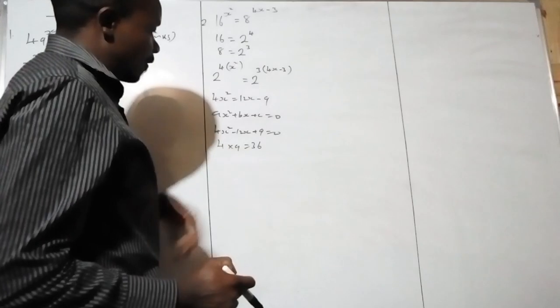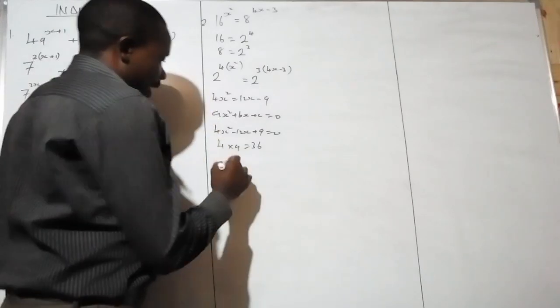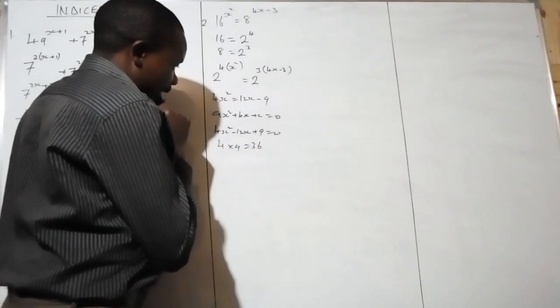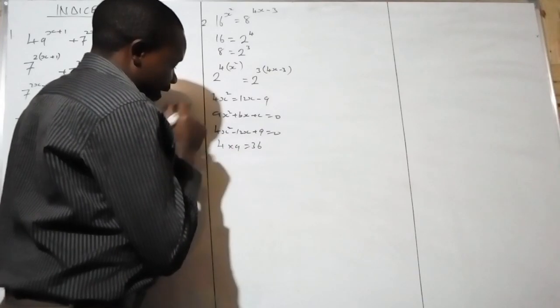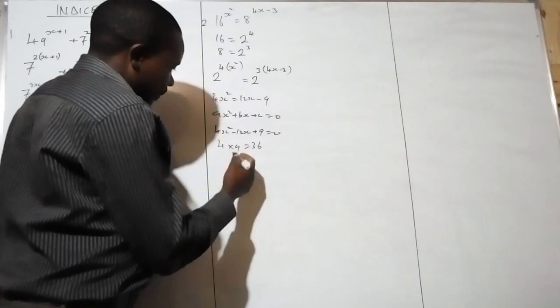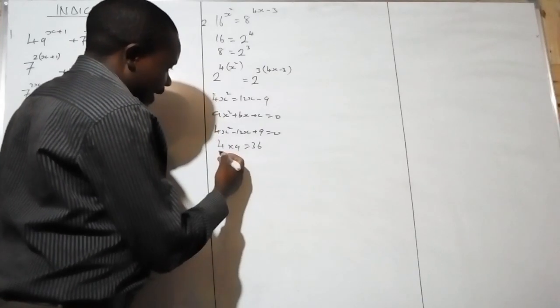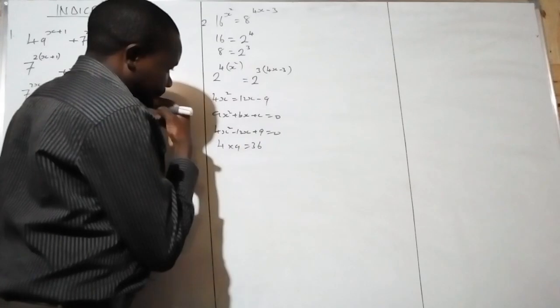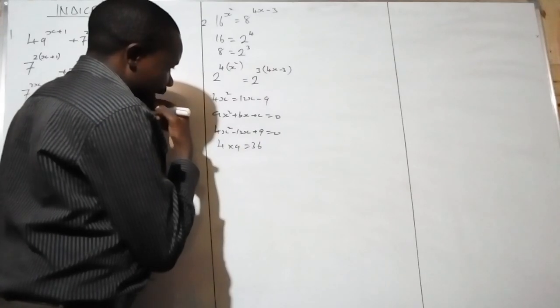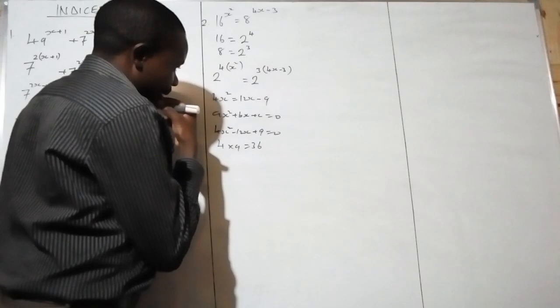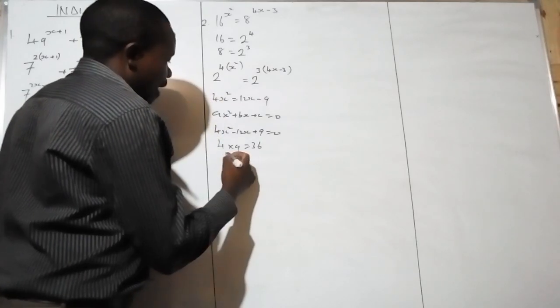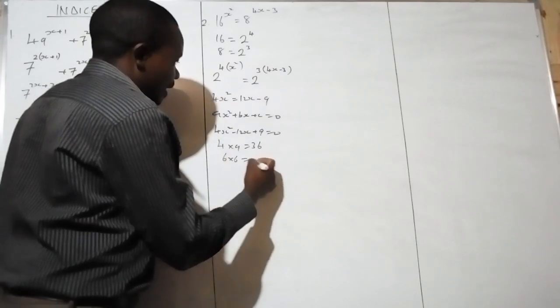Here you can have 9 times what? 9 times 4, it's 36. Then these numbers will be, we can also have 6 times 6. 6 times 6, it's 36.